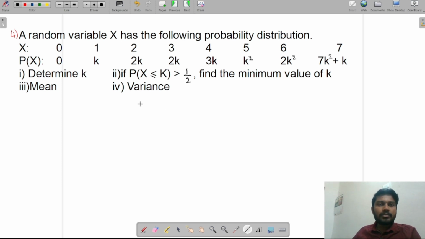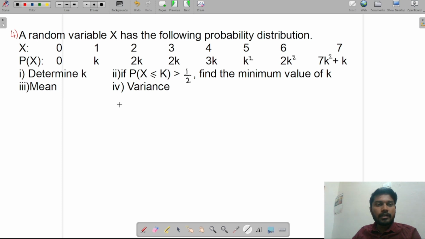So coming to the fourth question, a random variable capital X has the following probability distribution: x equal to 0, 1, 2, 3, 4, 5, 6 and 7, and probabilities are 0, k, 2k, 2k, 3k, k square, 2k square and 7k square plus k.